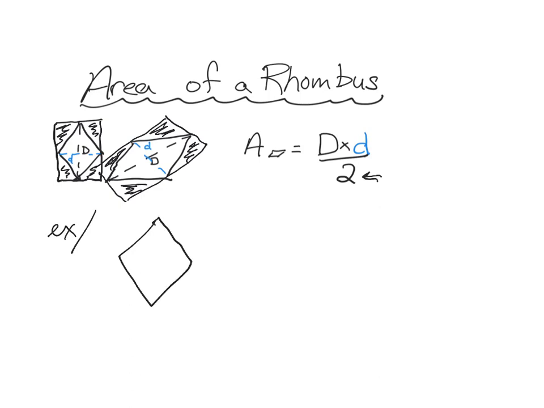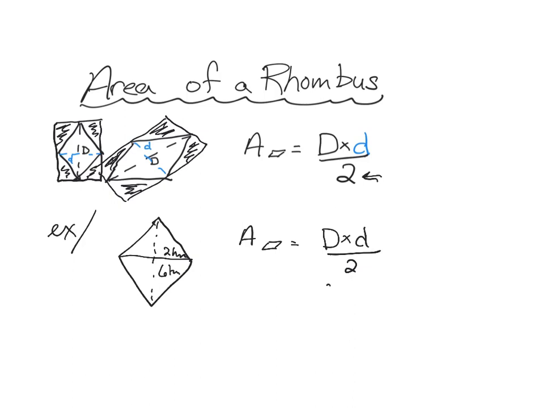If we had a kite shape that had the capital D as 6, let's say hectometers, and this as 2 hectometers, then you'd say the area of the rhombus is equal to capital D times small d divided by 2.